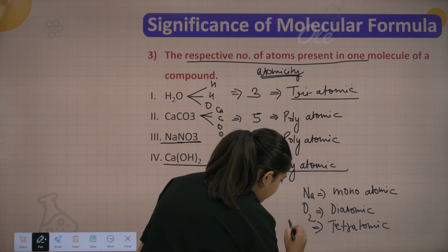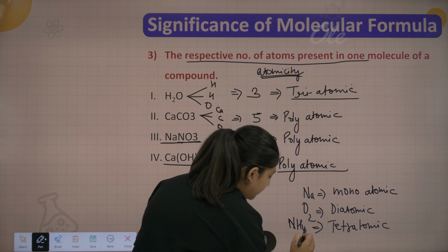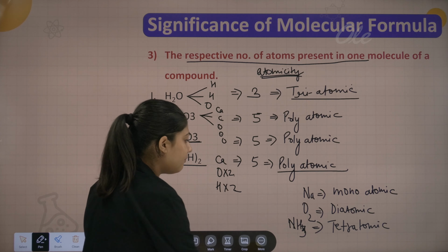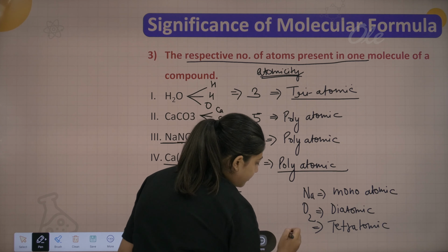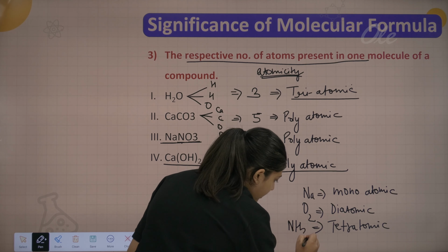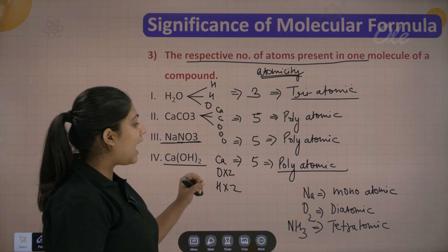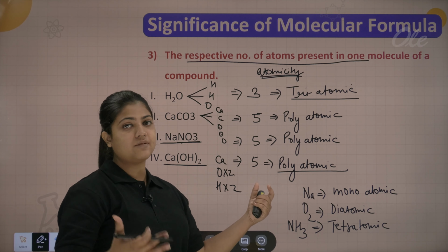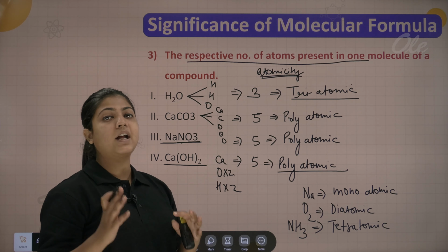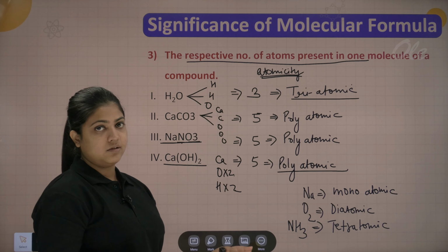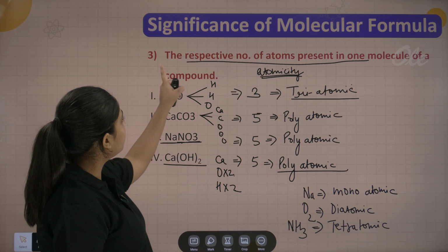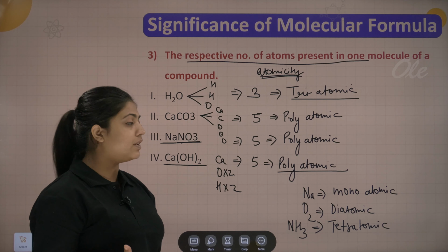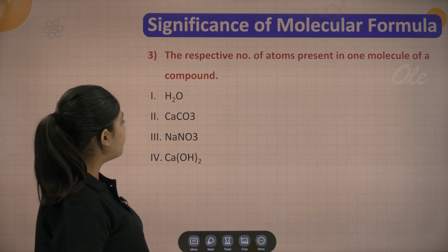For example NH3, 3 of hydrogen and 1 of nitrogen, so that will be tetraatomic, and more than 5 atoms will be counted as polyatomic. Okay, so this is how you can know the number of atoms present in the formula of the compound.